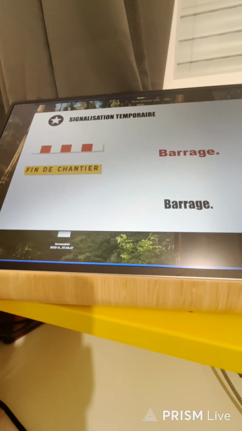It doesn't mean the work they are doing has finished, but you are no longer in the area where they are working. You can continue driving normally, though it depends on the situation. Maybe when you got to the chantier you slowed down your speed; after this panel you can go back to 50 km/h as usual.